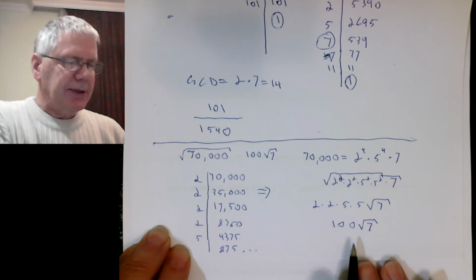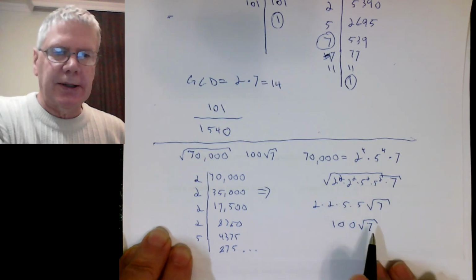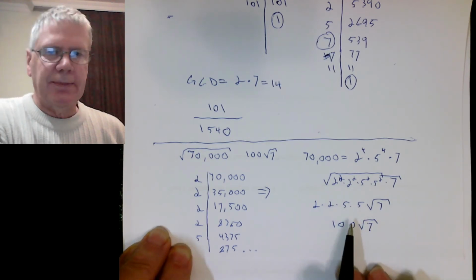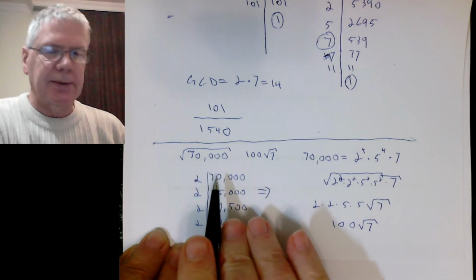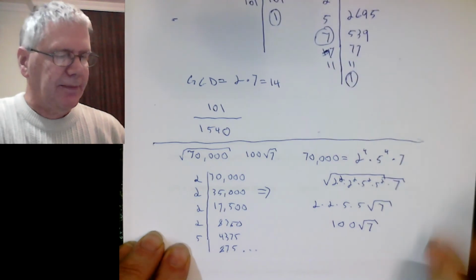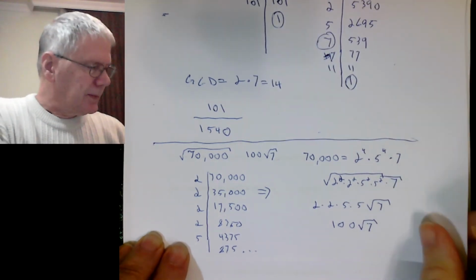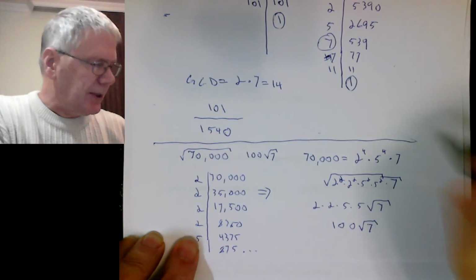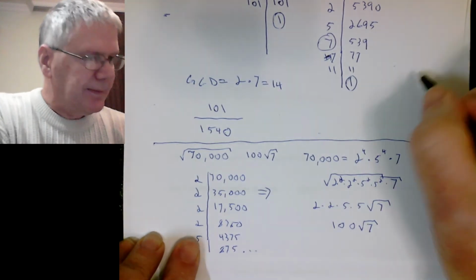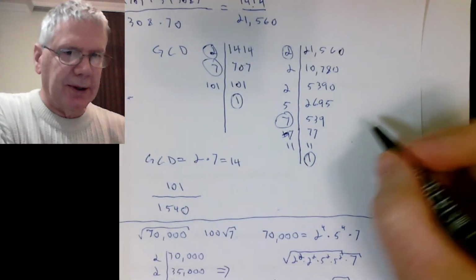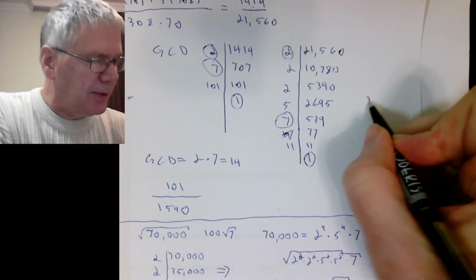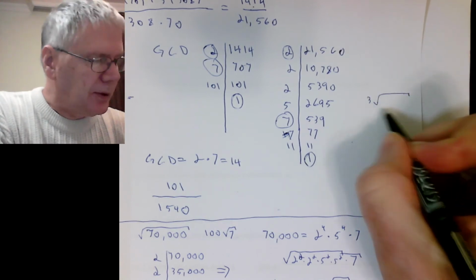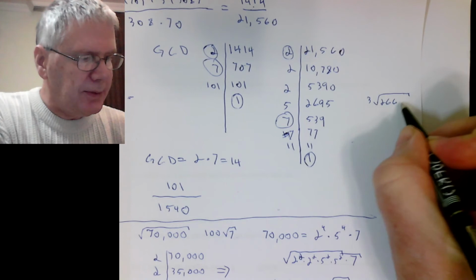So this one is actually not as complicated as others might be. As I pointed out, you might notice that 10,000 is 100 squared. Some people would notice that at the beginning. And we can do this with the cube root. Let's say we have the cube root of 2662.